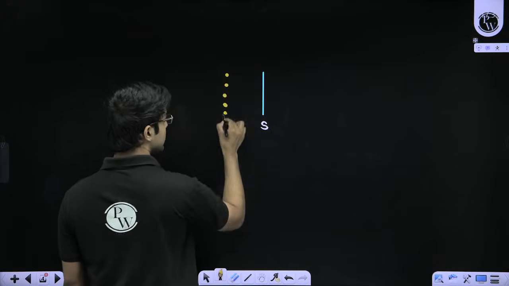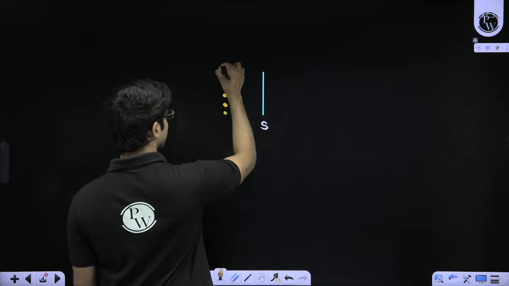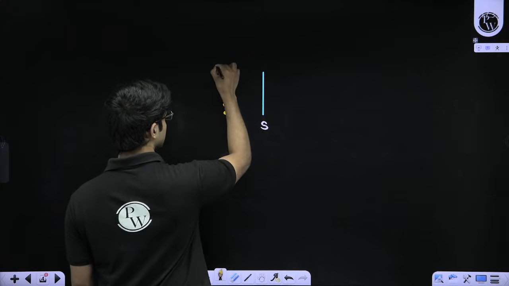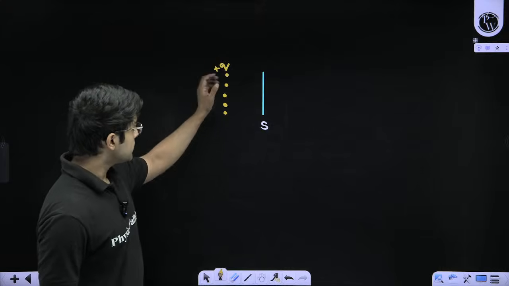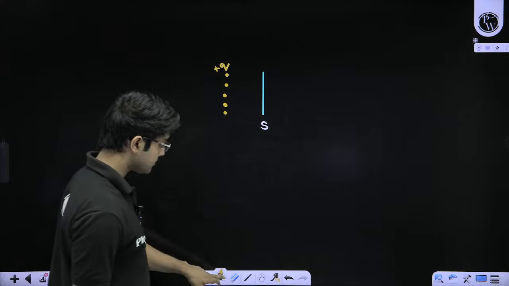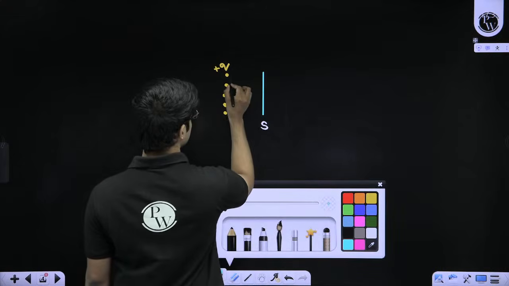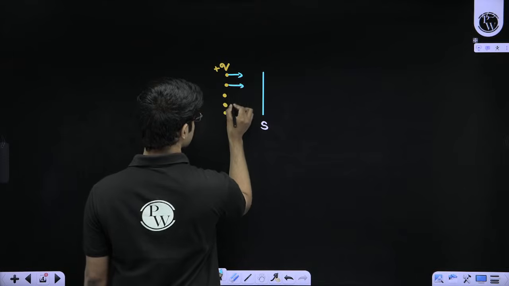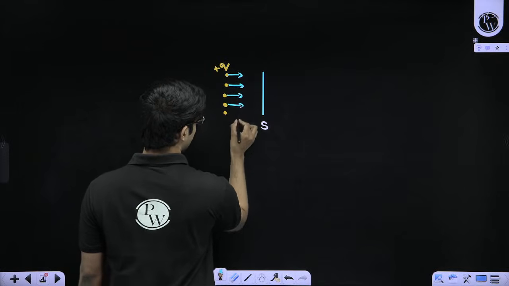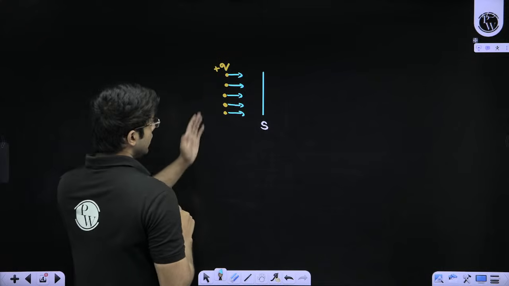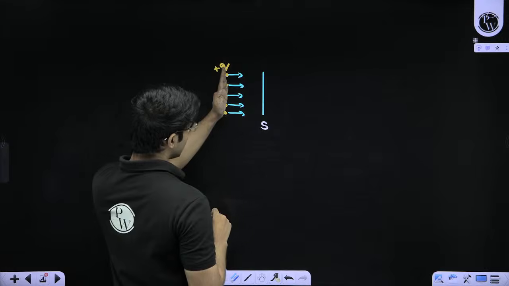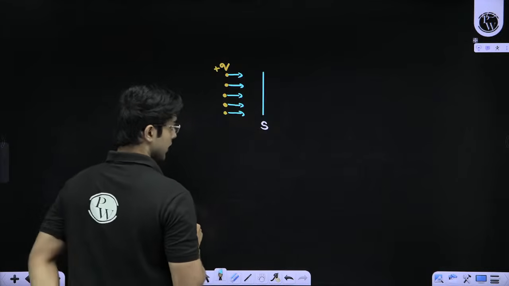You can give these charges different names, Q1, Q2, Q3, etc., but these are all charges. Now, if these charges are in motion, with some velocity, and they are about to cut this cross section S perpendicularly, then these charges are going to cut through this cross section S.